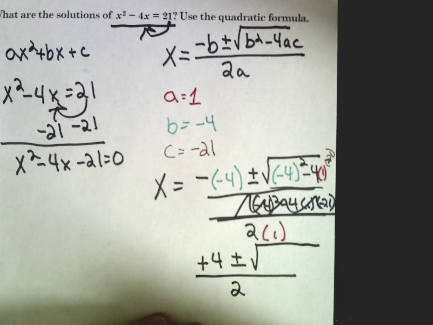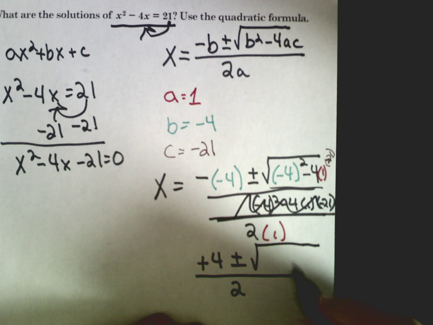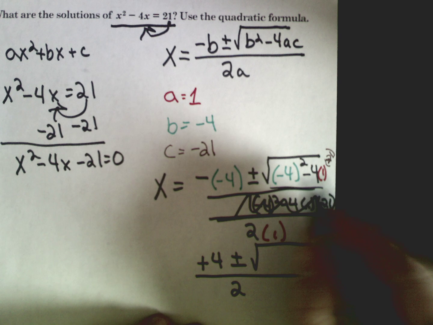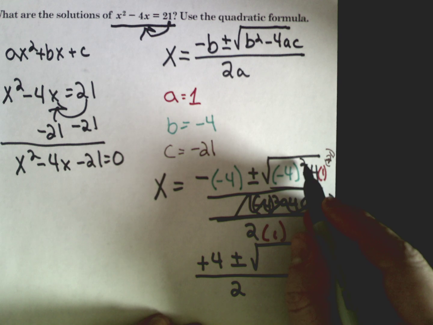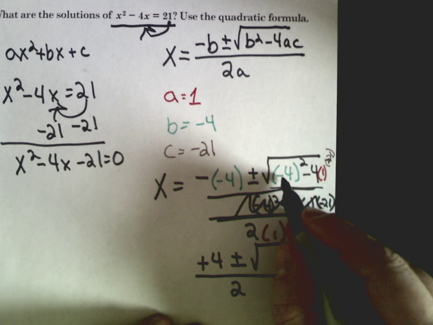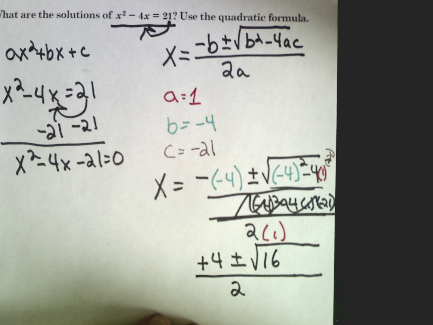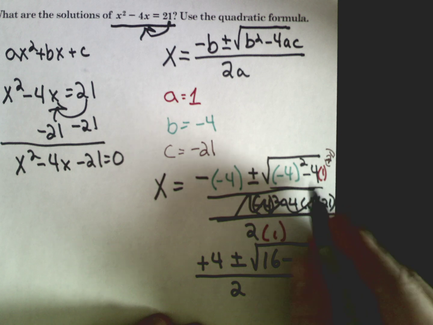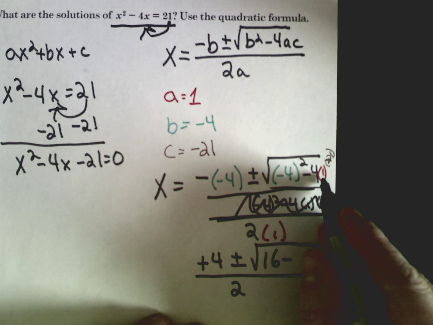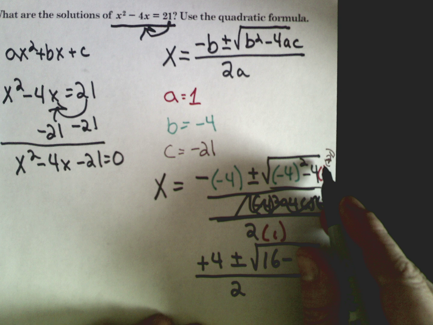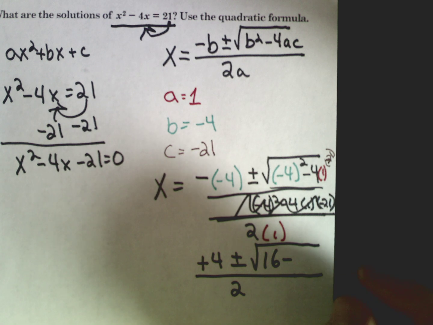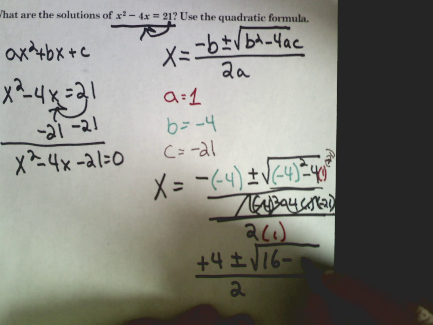Now I have to deal with this thing. This thing has a word. It's called a discriminant. But let's do it here. Negative 4 squared: negative 4 times negative 4 is positive 16. Minus 4 times 1 is just 4, and 4 times negative 21 is negative 84.